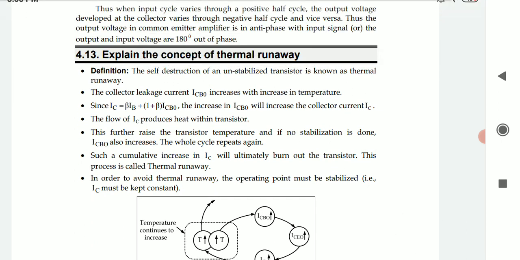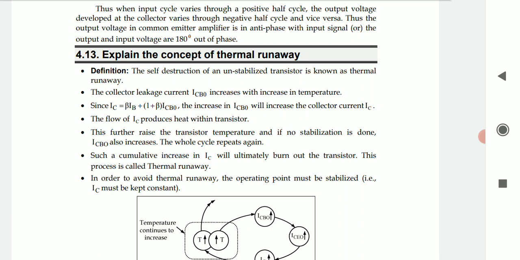Next, one more important property in transistors is thermal runaway. The name itself says it: thermal runaway. Here the definition is given. The self-destruction of an unstabilized transistor is known as thermal runaway.